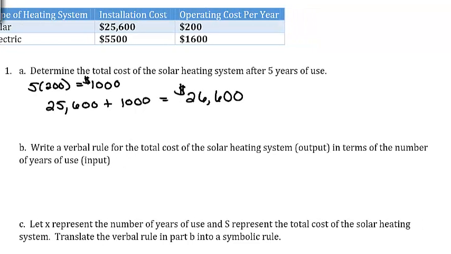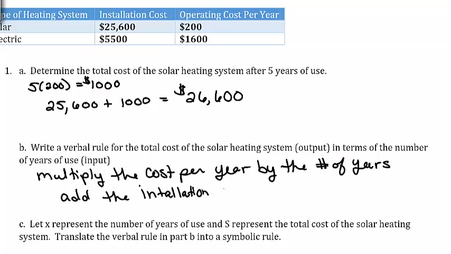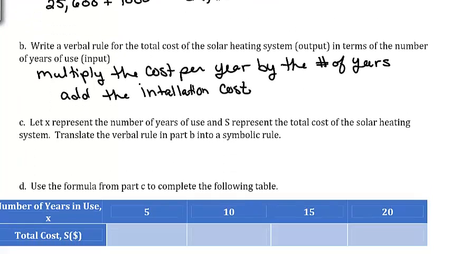So the verbal rule is that we would multiply the cost per year by the number of years, and add the installation costs. So that is a verbal rule.